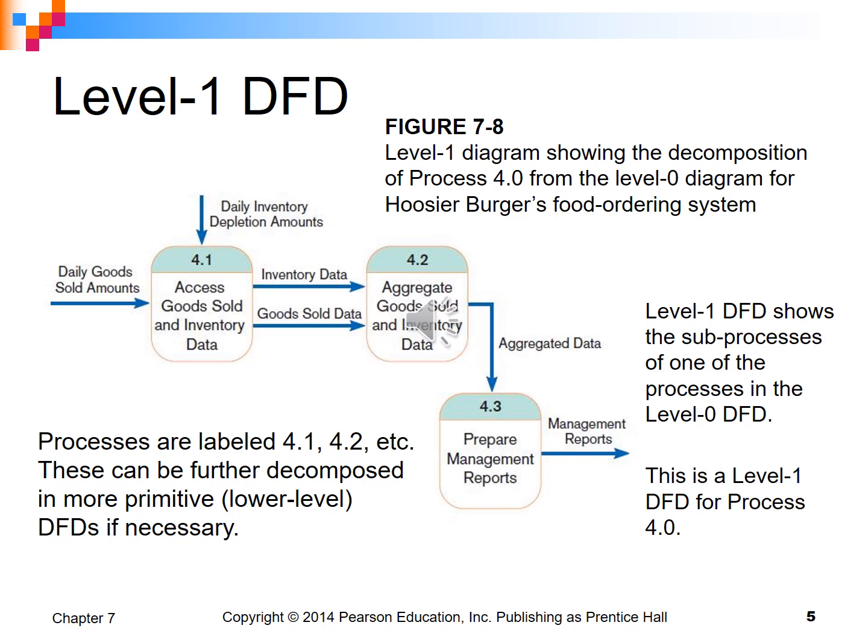If we look at the two arrows, the daily inventory and the daily goods sold, those are the inputs, still the same as in level 0. And there is one output, which is the management report. So in this case, we could say that it is balanced. We have two inputs and one output.